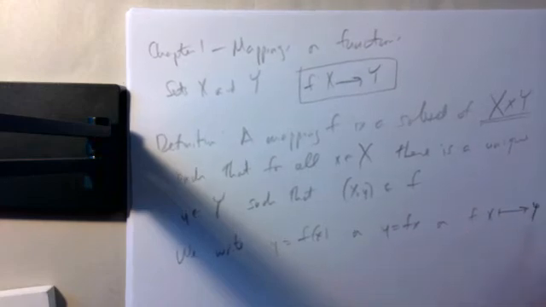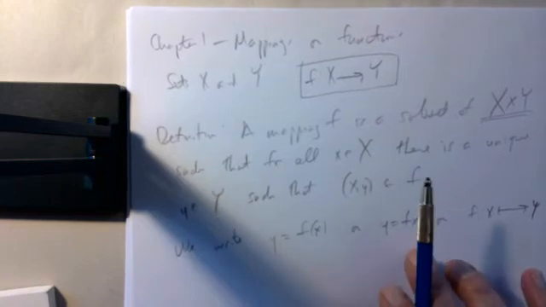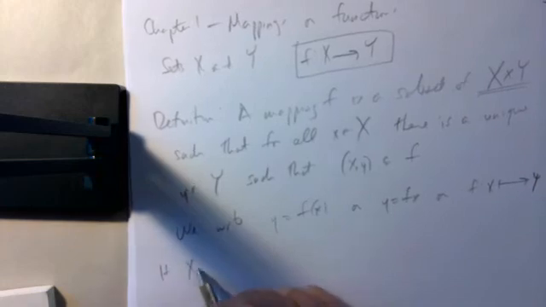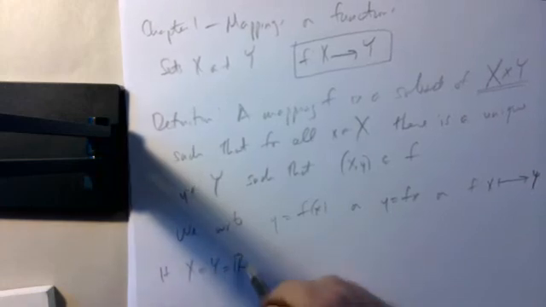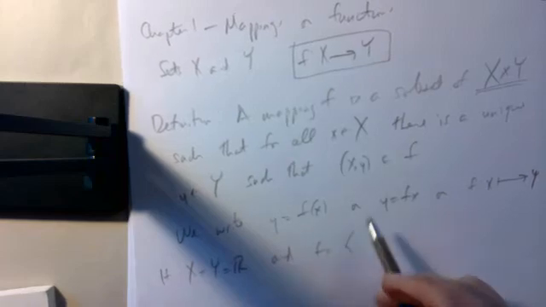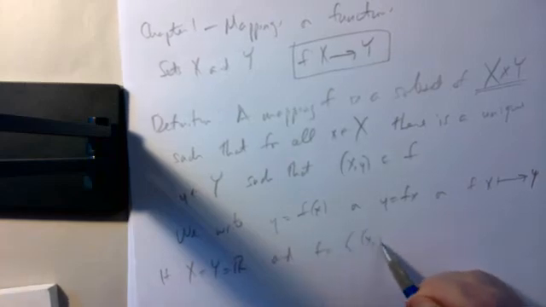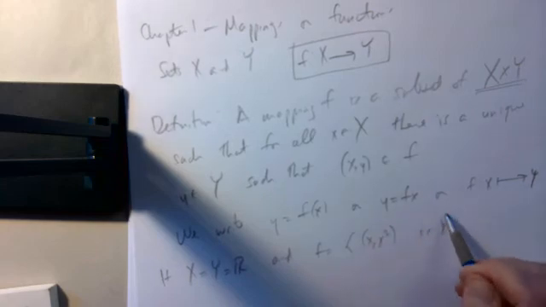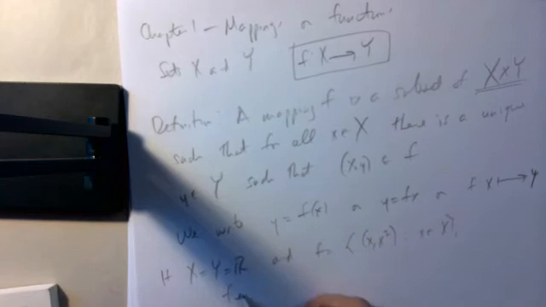But it's just like, so if X and Y are equal to R, and F is the set of all pairs X comma X squared for X in R, then for any element X, F of X equals X squared.